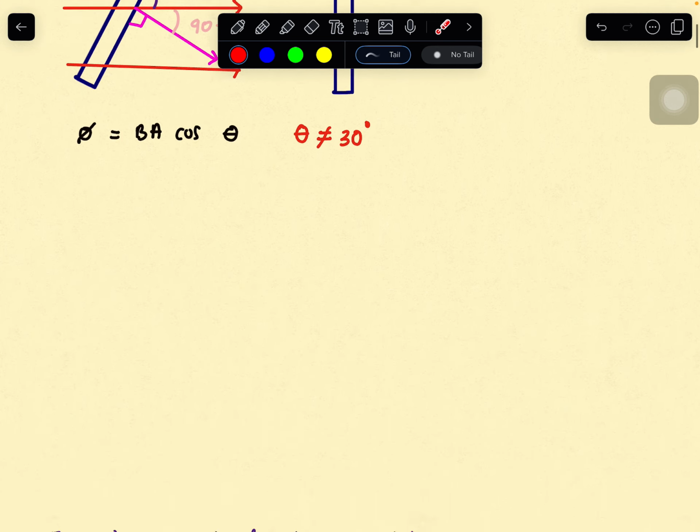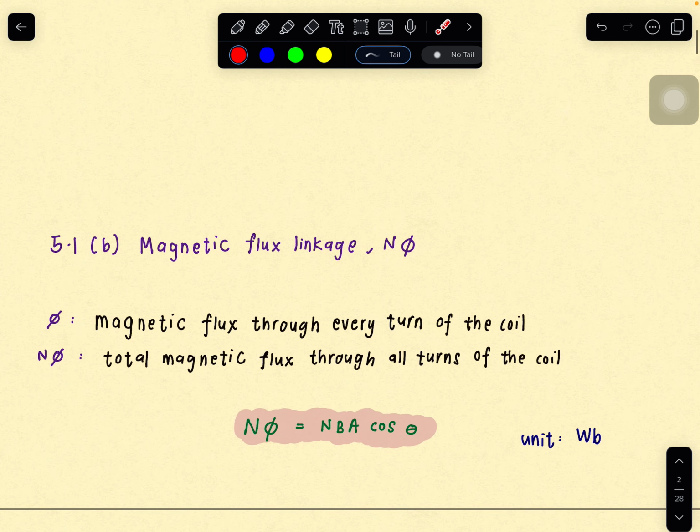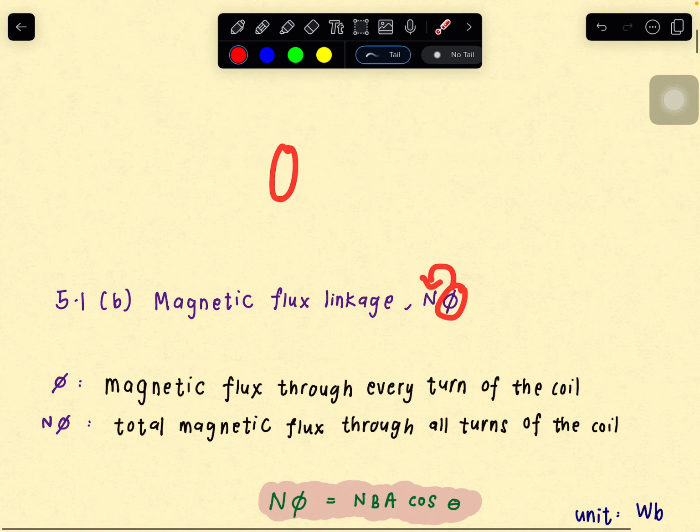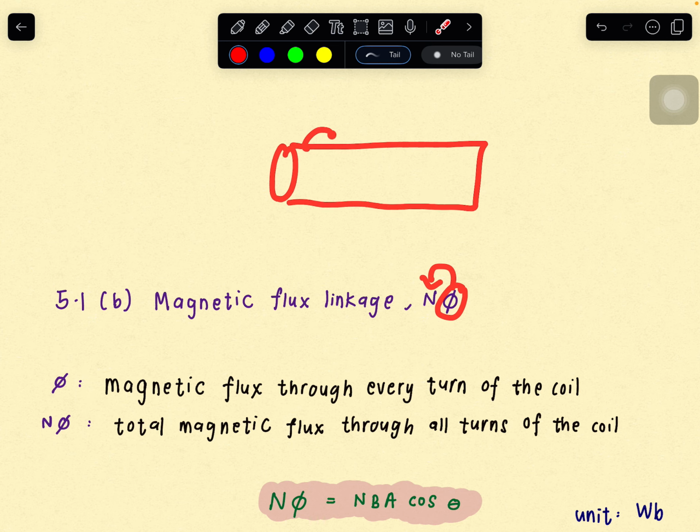Okay, next one kita tengok pula konsep magnetic flux linkage. Okay, magnetic flux linkage ni basically kita just darab dia dengan the number of turn of the coil. Okay, basically it's magnetic flux darab dengan number of turn. Sebab coil ni, coil ataupun conductor lah, kita ada wire kan.